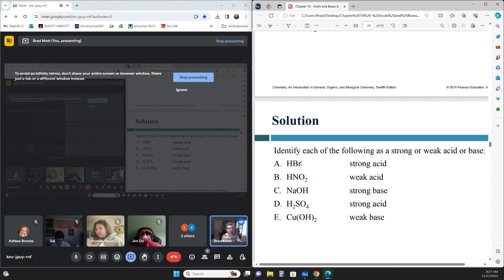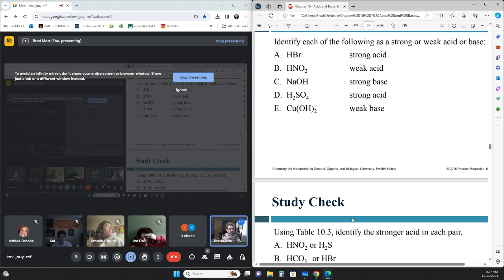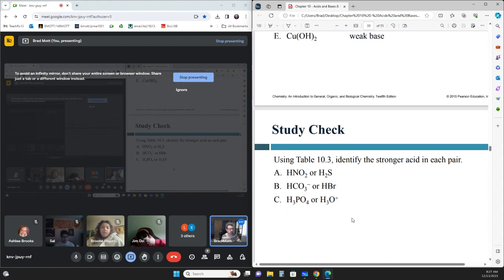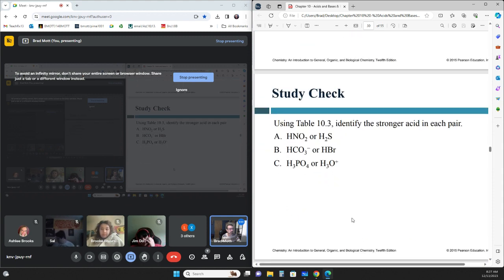So hydrogen bromide, strong acid. Sodium hydroxide, strong base. Hydrogen sulfide, strong acid. And then we have a weak acid in nitrous acid, sorry, and a weak base in copper hydroxide. Okay.